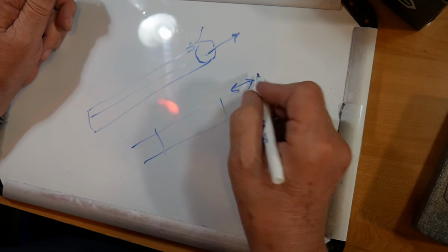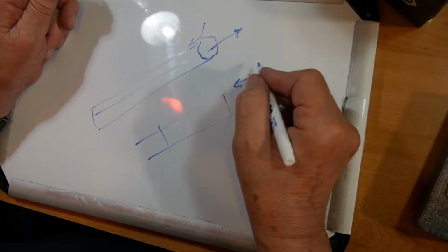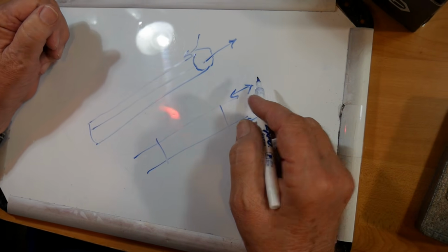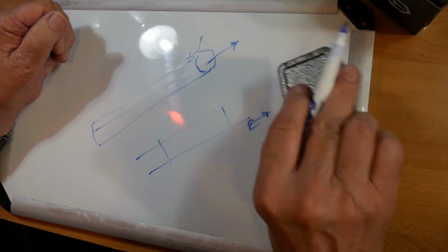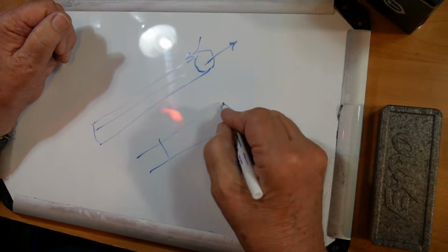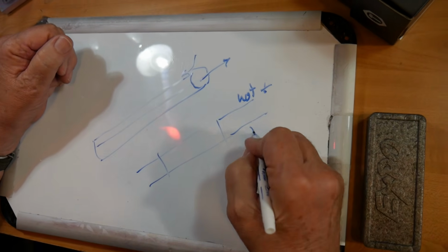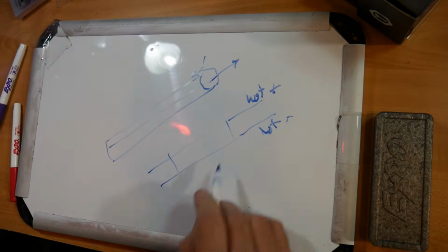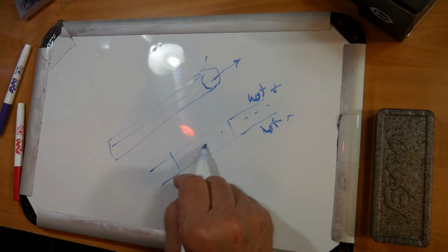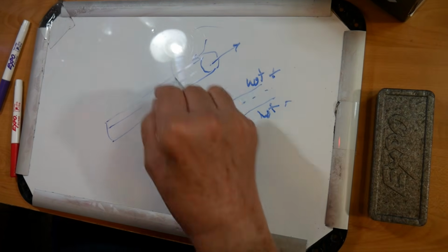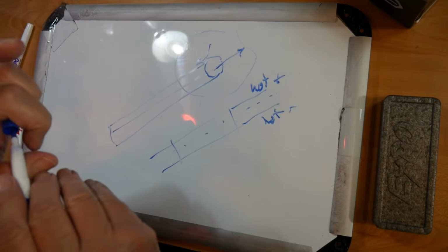When this one goes this way, this one goes that way. If you want to think in terms of AC, what you've got is a hot plus and a hot minus, and think of this as a virtual ground in between. Okay, this is easier to visualize what's going on.